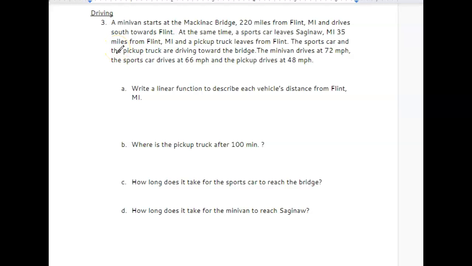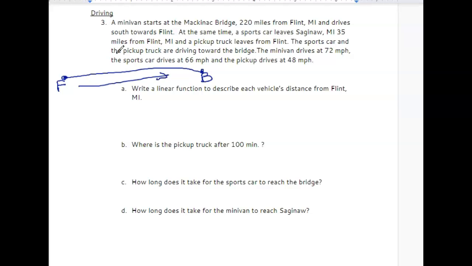For this driving example, this seemed to be kind of a sticking point last time you guys had a problem with this. So you're talking about, here's Flint, and then the goal is to get to the bridge. So this movement from Flint to the bridge is a positive forward motion.